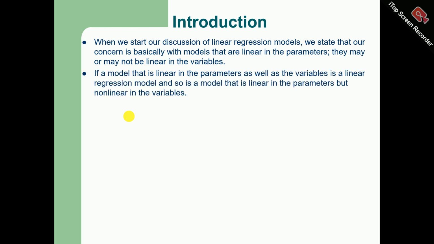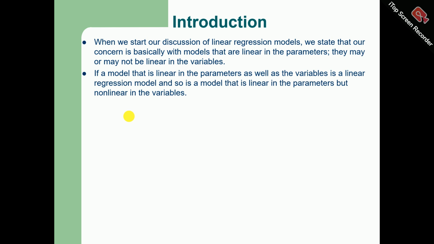Therefore, we can say that if a model is linear in the parameters as well as the variables, it is a linear regression model, and so is a model which is linear in the parameters but non-linear in the variables. It means that if a model is linear in the parameter as well as in the variable, it is a linear model.